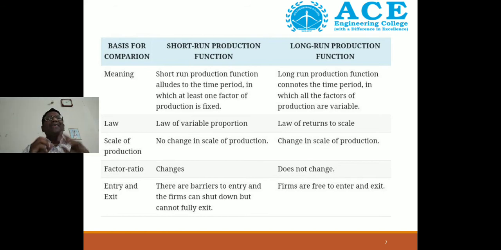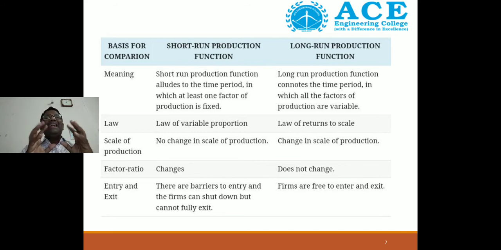Then another difference is entry and exit. Entry and exit in the short run production function: there are barriers to entry and the firms can shut down but cannot fully exit.